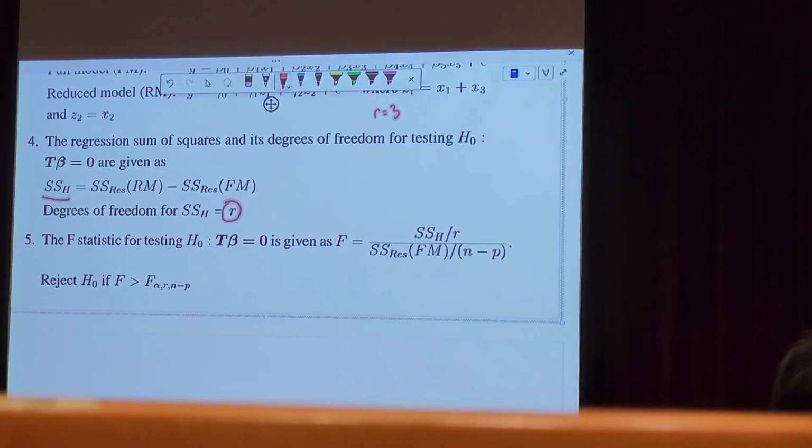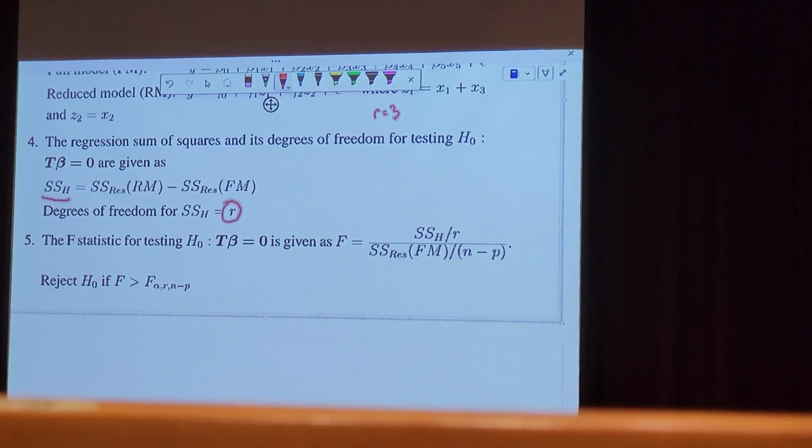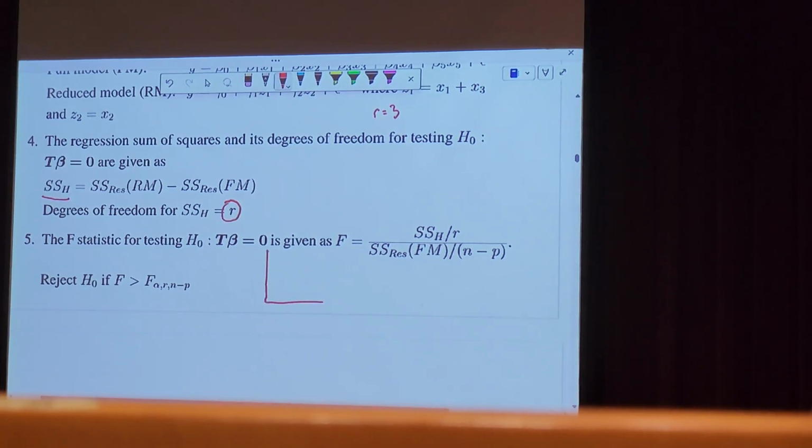Note that the denominator is always the same. It's the residual sum of square of the full model divided by n minus p, or the mean square residual of the full model. Now, for the F statistic, the numerator is SSH over R, and you reject if F is greater than the upper F percentile.